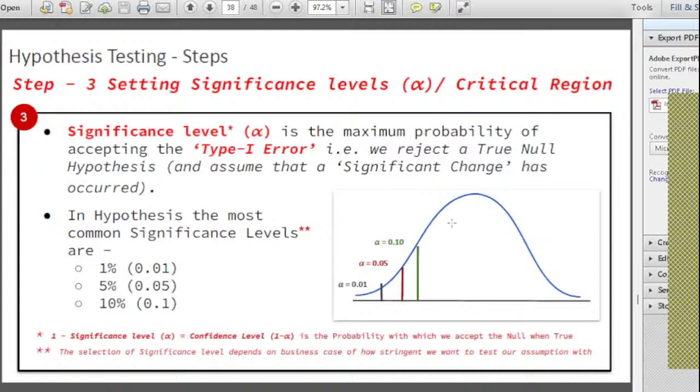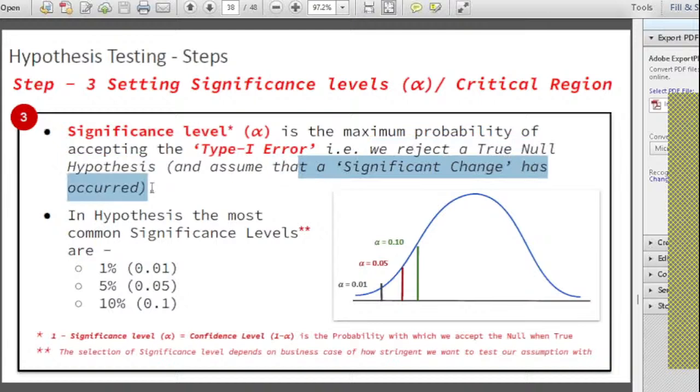What is alpha? We just discussed. Type 1 error, right? Significance level or alpha is the maximum probability of accepting a type 1 error, that is, we reject a true null hypothesis and assume that a significant change has occurred.